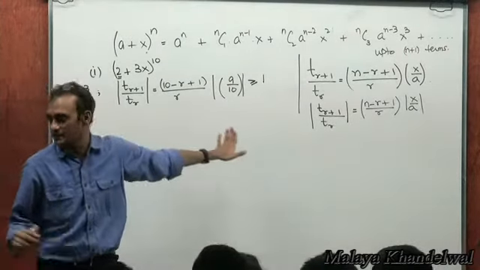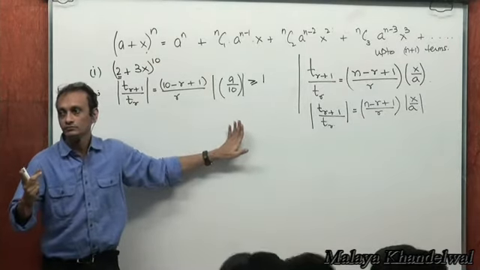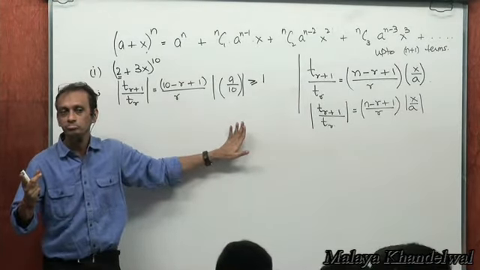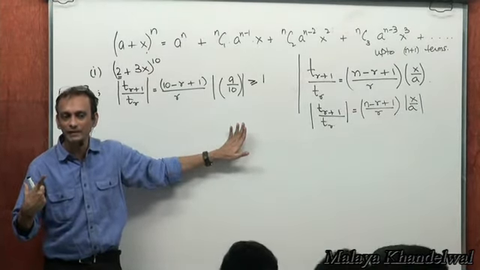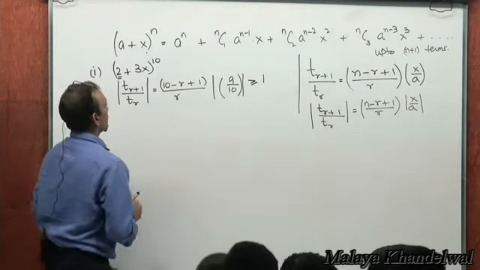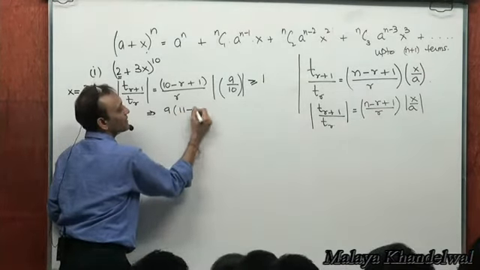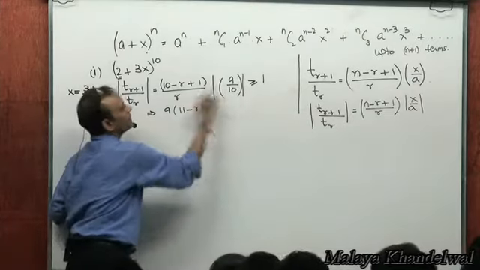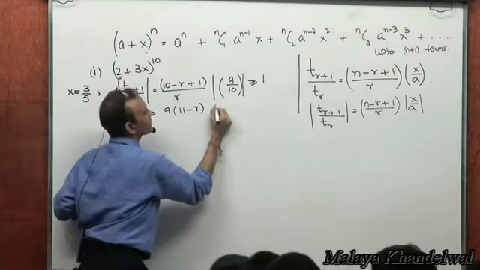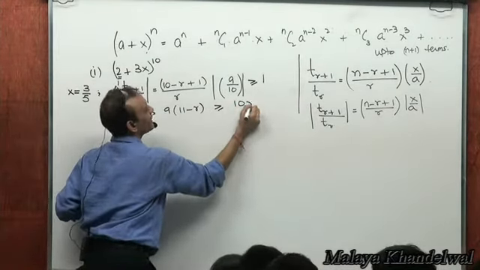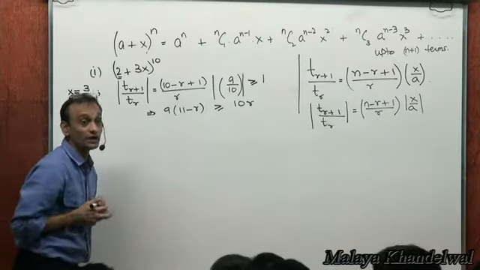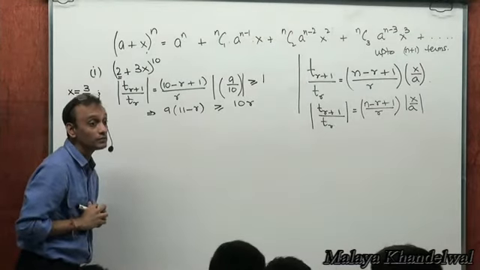This is what this statement means. Clear? Now, this is 9 into (11 minus r) greater than or equal to 10r. Up to such an r, this is going to happen.